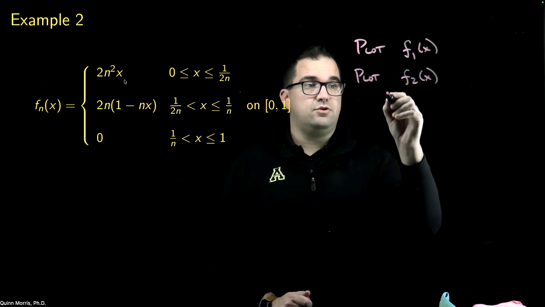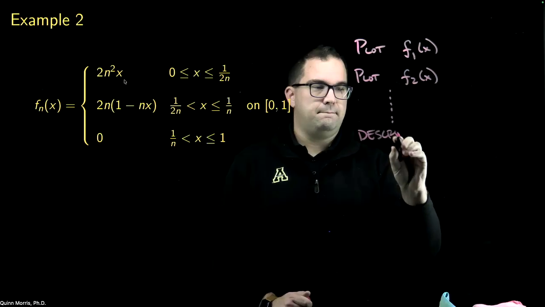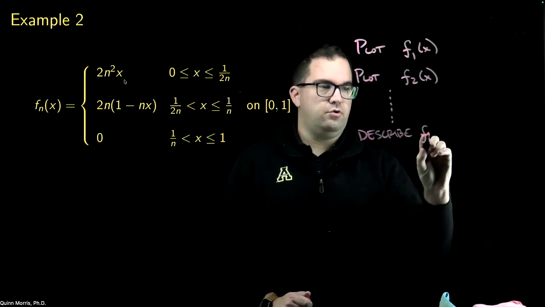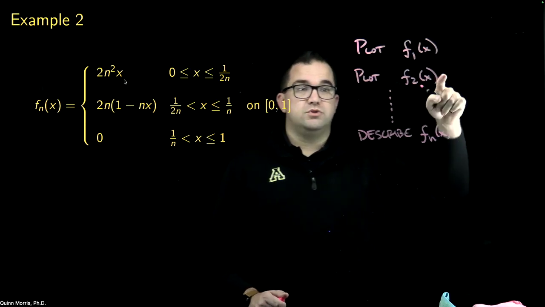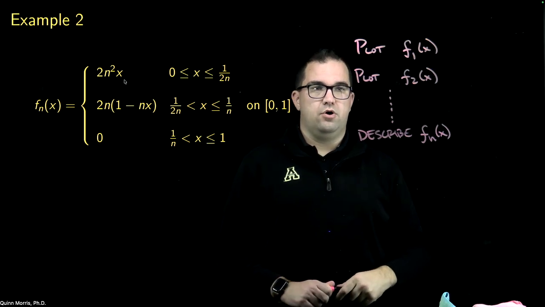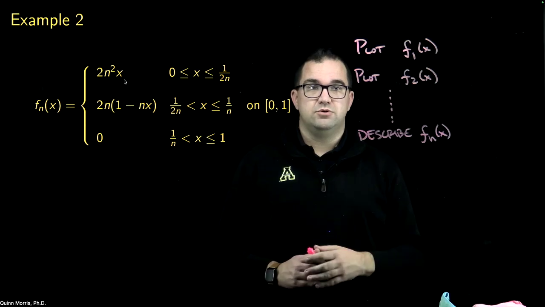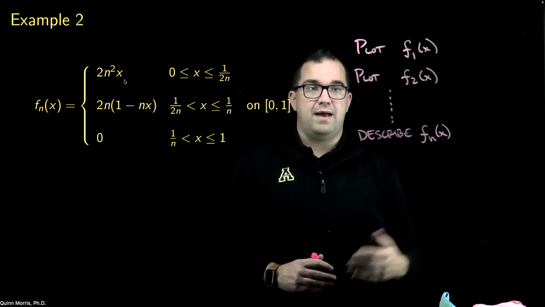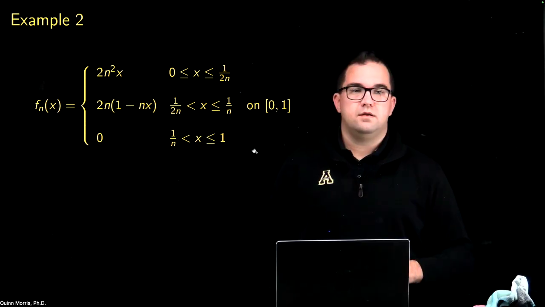Once you're able to do that, you may then ask yourself if you can describe in general what f sub n of x is doing. Often it's helpful to have a few smaller cases understood and then see if you can describe what's going on more generally. Again, I encourage you to pause the video here, see what you can figure out, and then come back and we'll discuss these all together using Desmos.